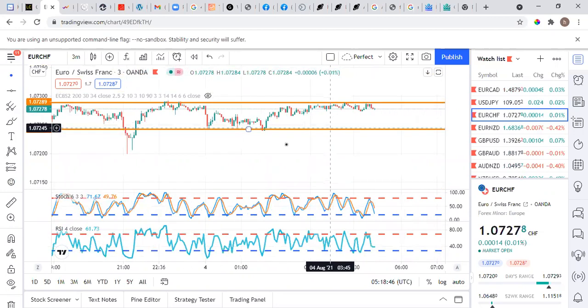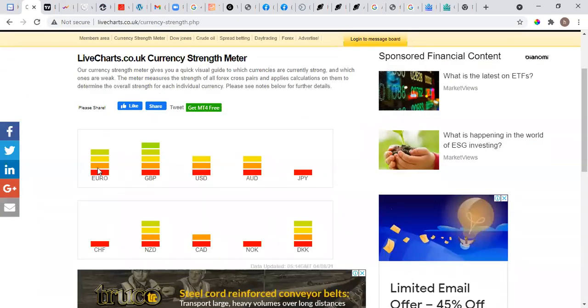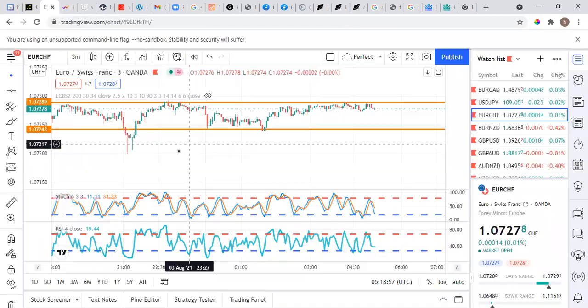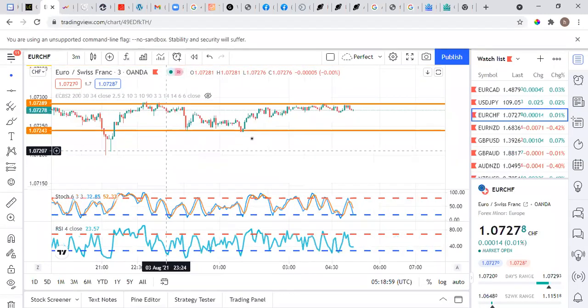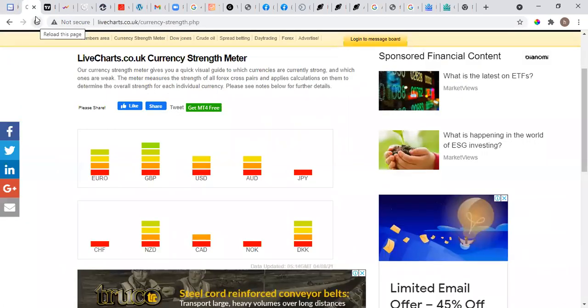Okay, so Euro CHF, you can just note this down. I should be looking for a buy since the Euro is stronger than CHF. Let me discard that. Look for Euro JPY.